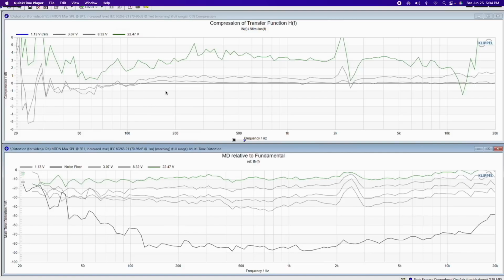As you increase from 70 dB to 96 dB, according to this data, you've lost 3 dB in compression. I know that the results right here say negative down here, but the way that this particular data is represented, a positive is a loss in output. So you have lost about 3 to 4 dB of output as you've increased the volume.